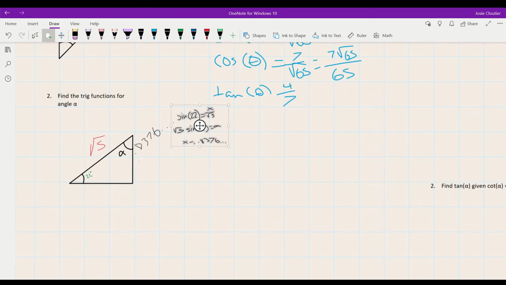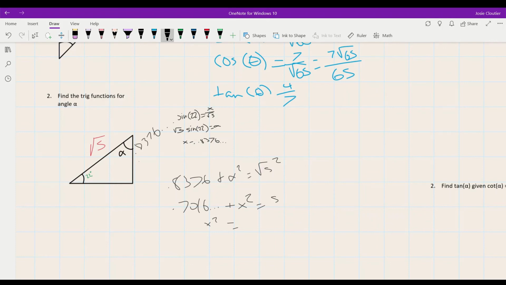So 0.8376 squared, which is 0.7016, plus x squared equals square root of 5 squared, which is 5.